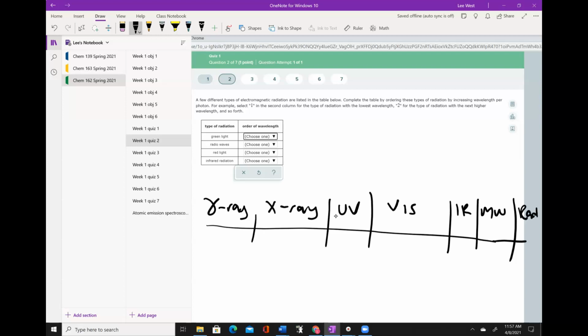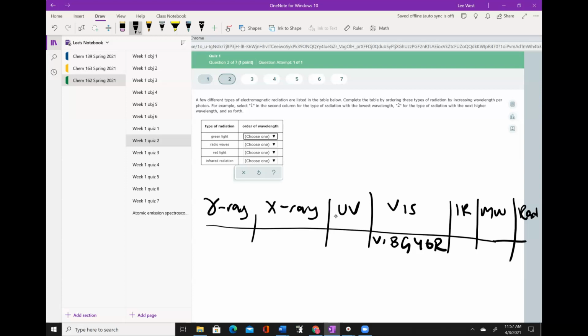And then we know in visible it goes violet, indigo, blue, green, yellow, orange, red. Oh, we missed out green, didn't we? It's weird writing it backwards, right? Because you're normally used to thinking about it as Roy G. Biv. Okay, there we are. Finally got the right order.